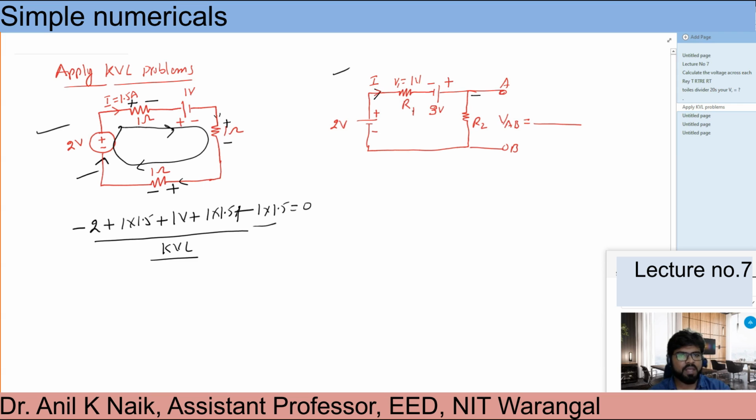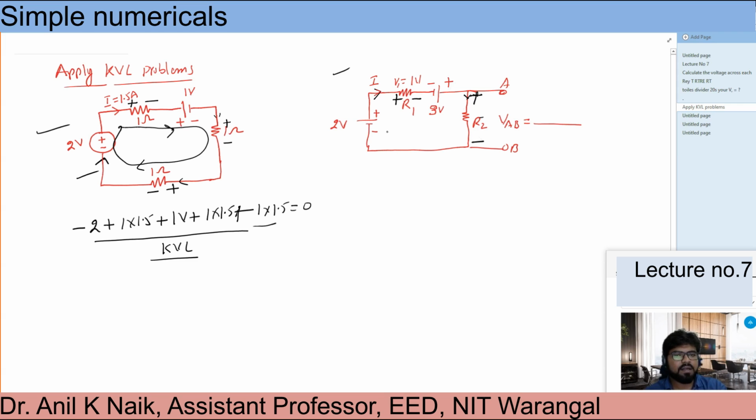For this element the sign is already provided, and for this source also the polarity has been given. So I need to assign the polarity for this one and this one. I can take this as plus and this as minus. Similarly, when the current comes like this, this is plus and this is minus. This is the polarity I am assigning here.